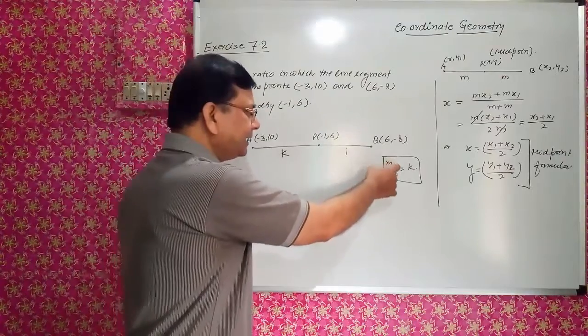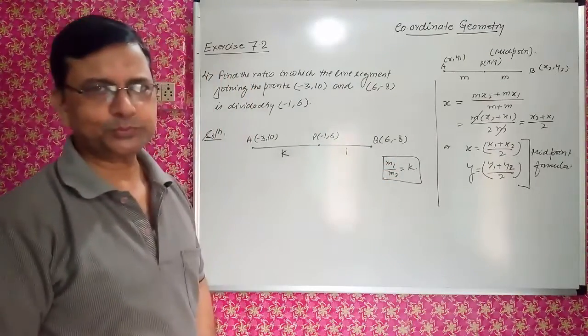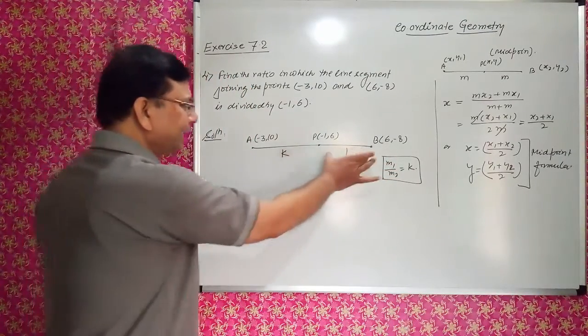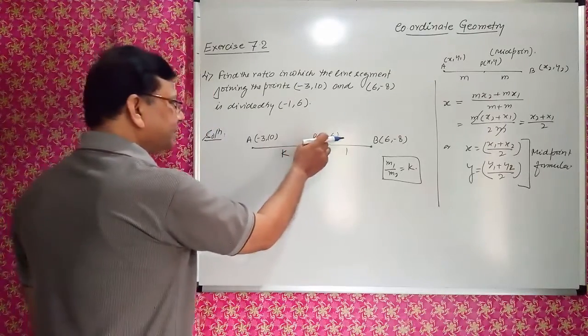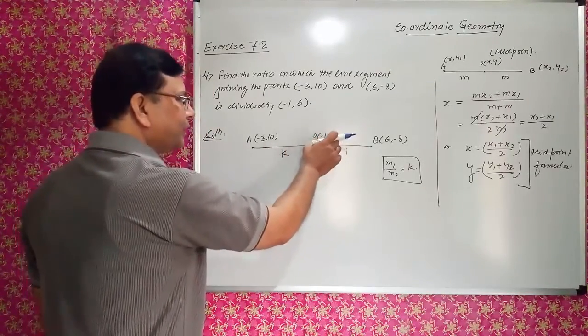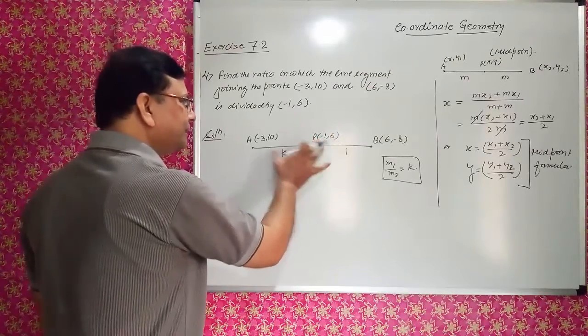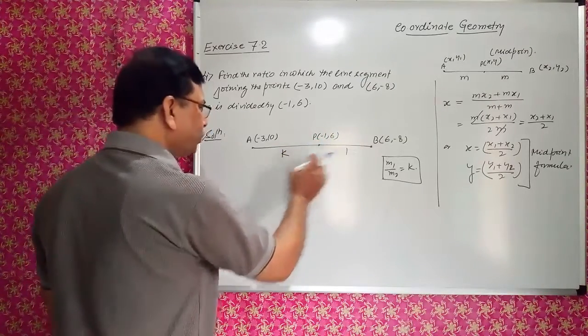And what is K? K is M1 upon M2. This M1 is this, M2 is this, you can find the ratio. So this is the coordinate of the point which divides this line segment in K is to 1.